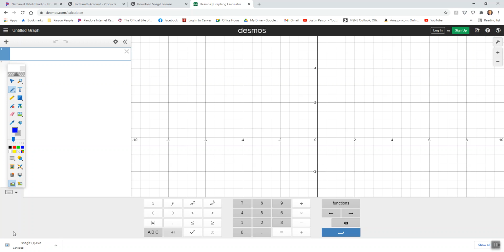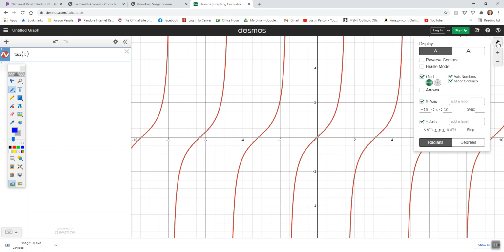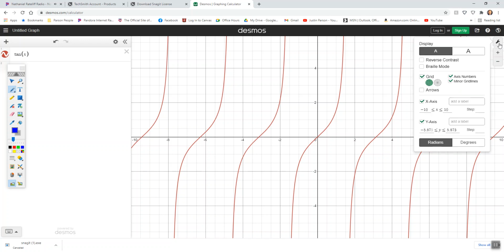Good thing about decimals is this. All your functions are listed right over here on the left. So they've even got the other 3 that are reciprocals. Got tangent right here. I'm going to put in my x. Now let's just talk about this real quickly. Do you guys have your unit circle out by chance? Okay, I'm going to kind of hone in on this first. I'm going to kind of zoom in on this first one right here.